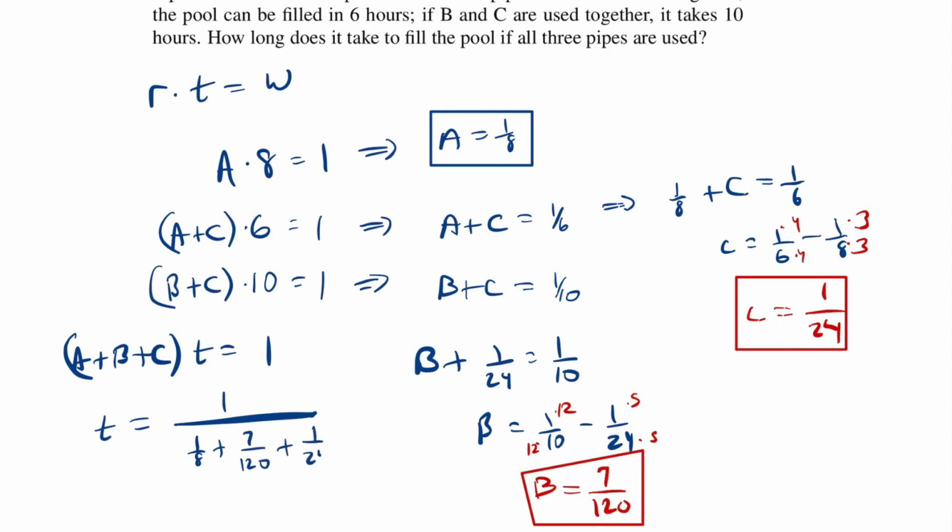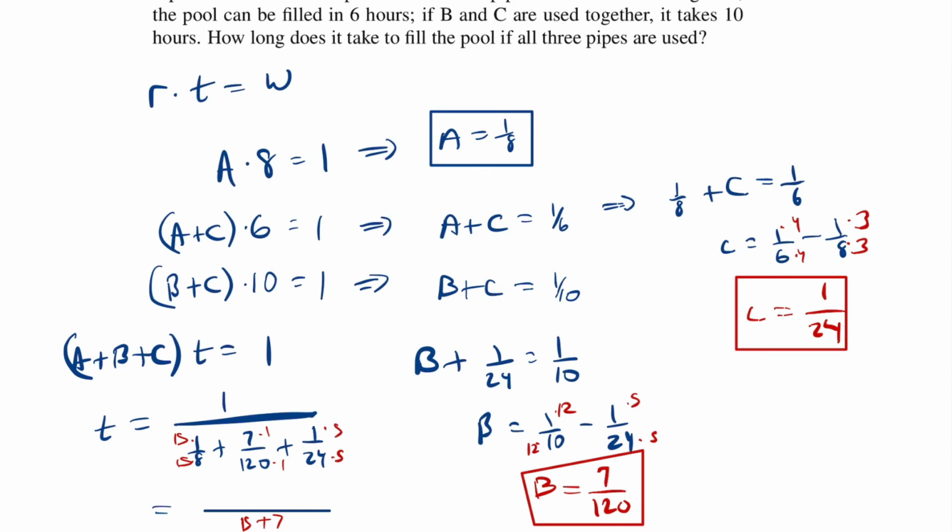And then over here, times 5, so that's going to be plus 5. So we end up with, what is that, 27. So the reciprocal is going to be 120 over 27. That's the amount of time it takes.